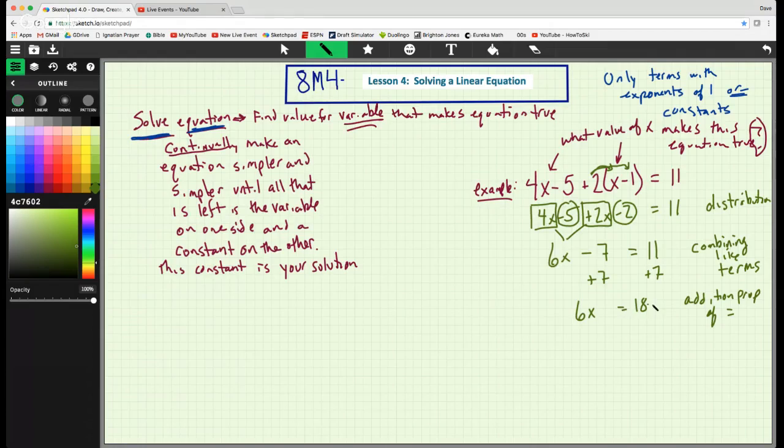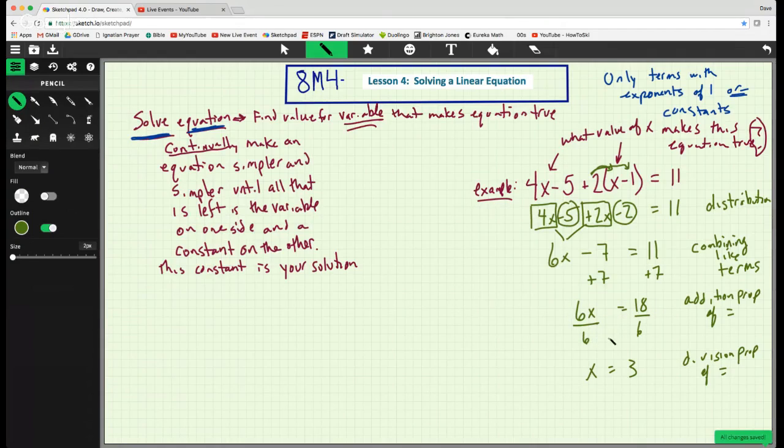That's called the addition property of equality. Now I'm going to divide both sides by 6, and I'm going to get x equals 3. And that's called the division property of equality. If I have two things that were equal, 6x and 18, I can divide each side by 6. I'm still going to have an equality. So my answer is x equals 3.